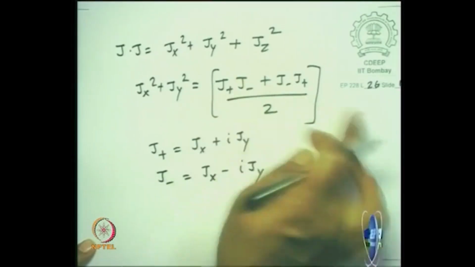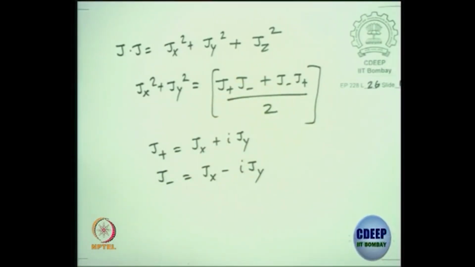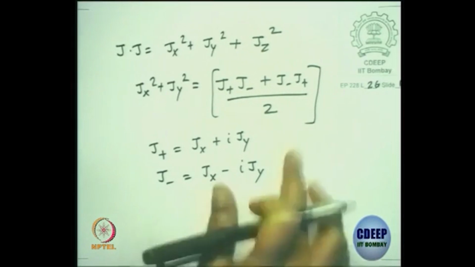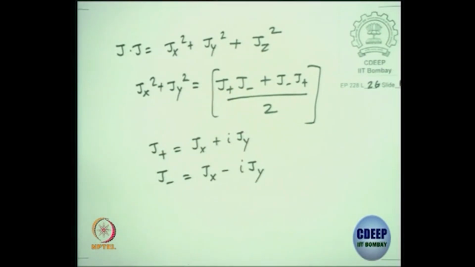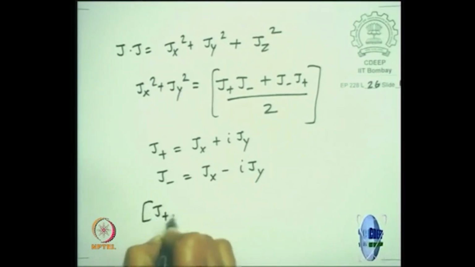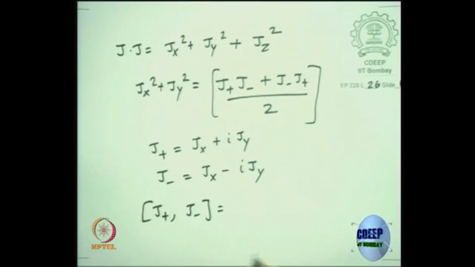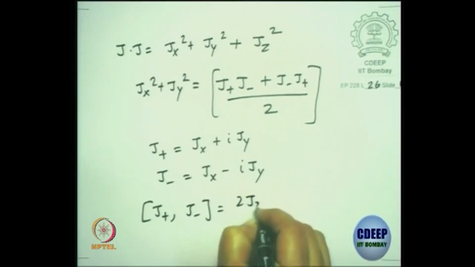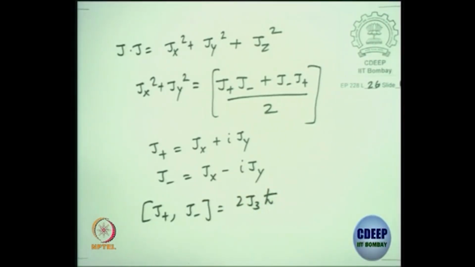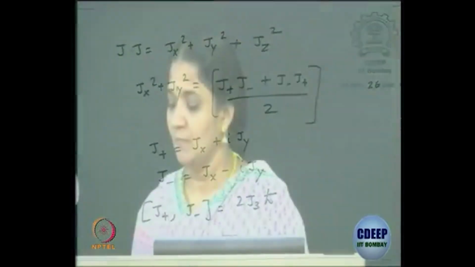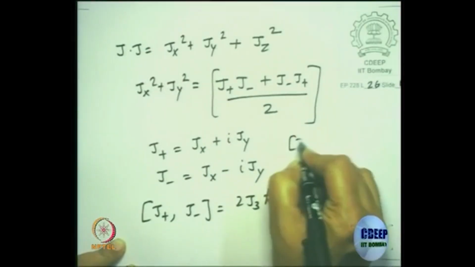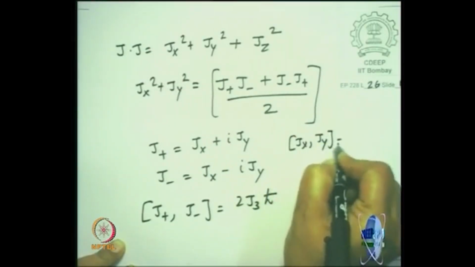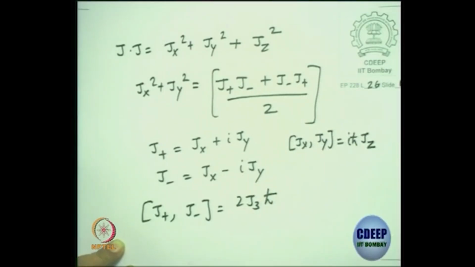Quantum mechanically, you have to symmetrize it so that it takes care of the fact that J plus and J minus don't commute. You've seen that the commutator of J plus with J minus is twice J3 h cross. Maybe I missed the h cross there, I should put the h cross. This can be derived using the fact that the commutator of Jx and Jy is i h cross Jz. Use this fact and you can derive this.